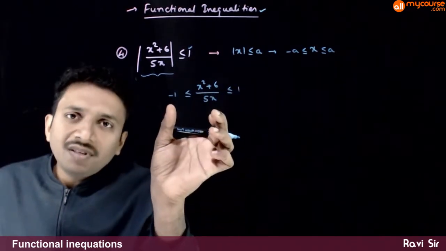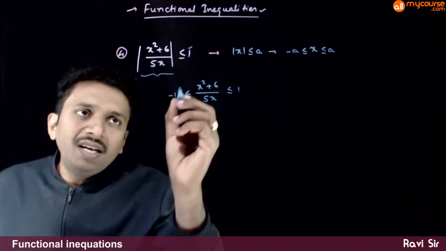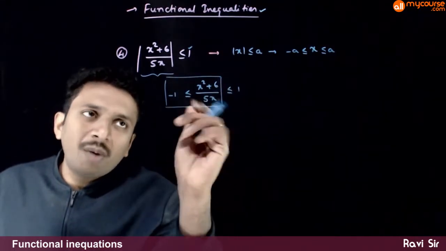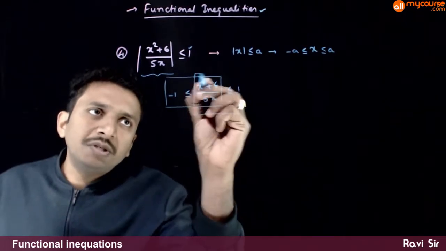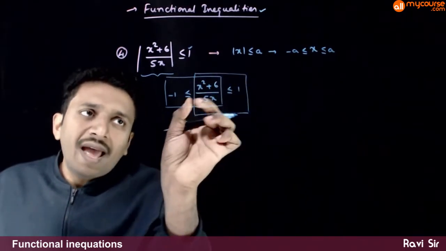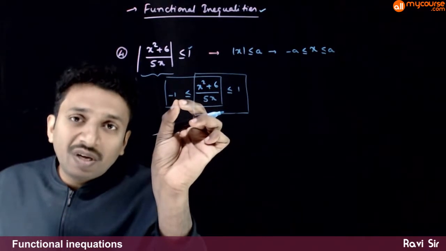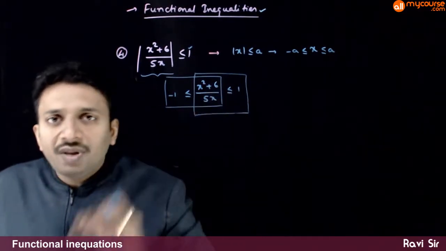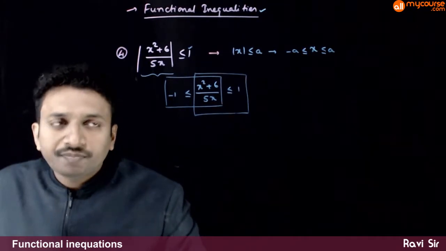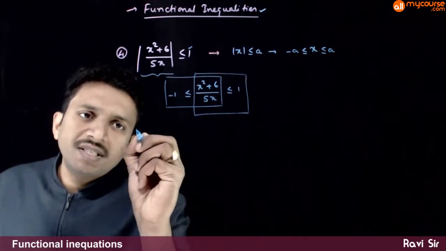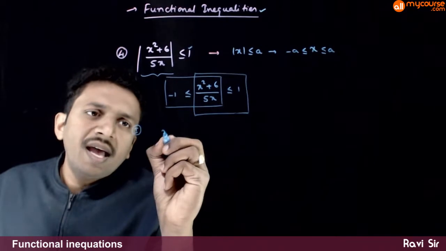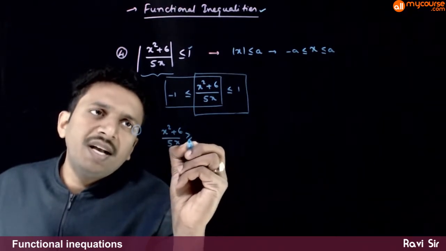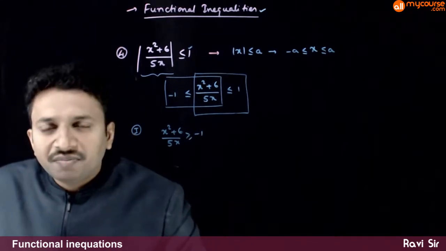And now this is a multiple inequality. I need to solve both these inequalities and find the common interval, right? Common solution. So x square plus 6 by 5x should be greater than or equal to minus 1 and x square plus 6 by 5x should be less than or equal to 1. So let us take the first inequality. x square plus 6 by 5x should be greater than or equal to minus 1.